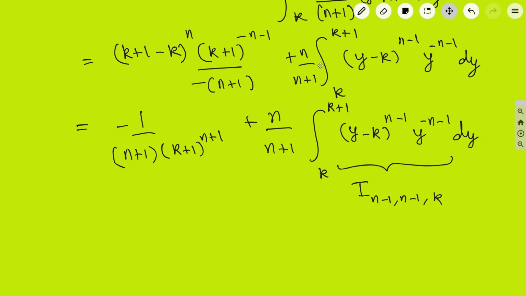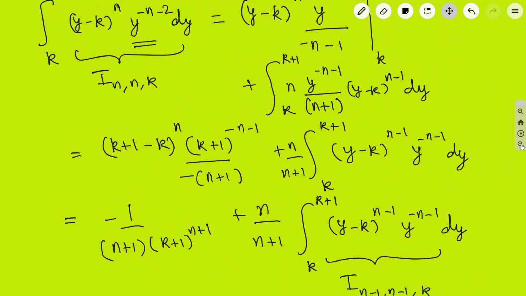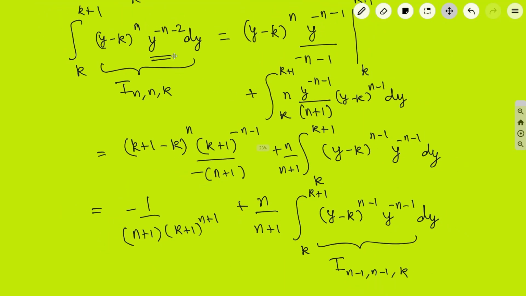If you compare, this is I(n, k), and this is I(n minus 1, k). Basically the integrals are the same, but the exponent is n minus 1 here, and here it's n. That's the difference.